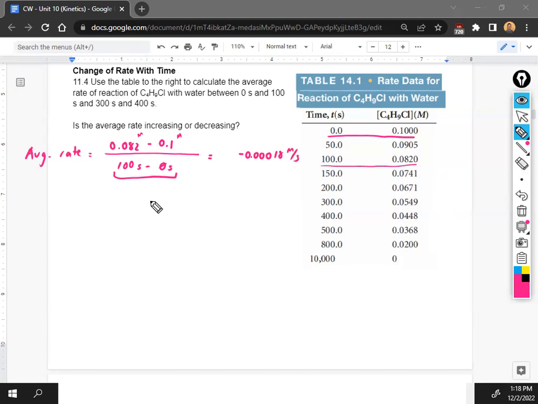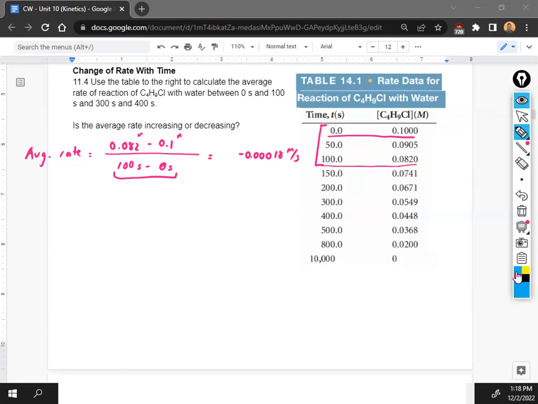Now between 1 second and 2 seconds, it might be different. 2 seconds and 3 seconds might be different from 51 to 52, but over this time period, that's the average rate of change. It's not constant, exactly, just like a runner, right? They're not going to be at a constant change. It's always going to fluctuate a little bit. Same thing.